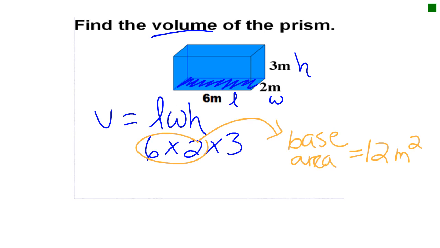And then I finish off that formula by also making sure I take into account the height. So I'm also going to multiply that 12 times the 3, or you just do 6 times 2 times 3 all in your calculator at once. Will give you an answer of a volume of 36 meters cubed.